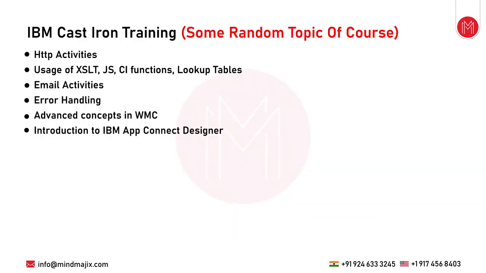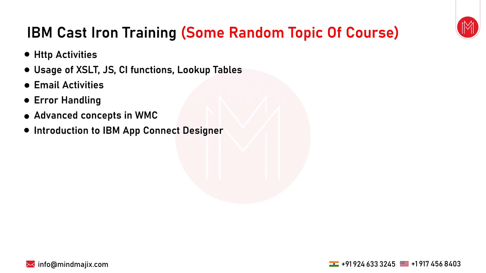And also some other random topics. We can discuss HTTP activities, how to create REST APIs using the HTTP activities, and we will discuss how to use the GET and POST methods and all. And in Cast Iron Studio, we can use XSLT.